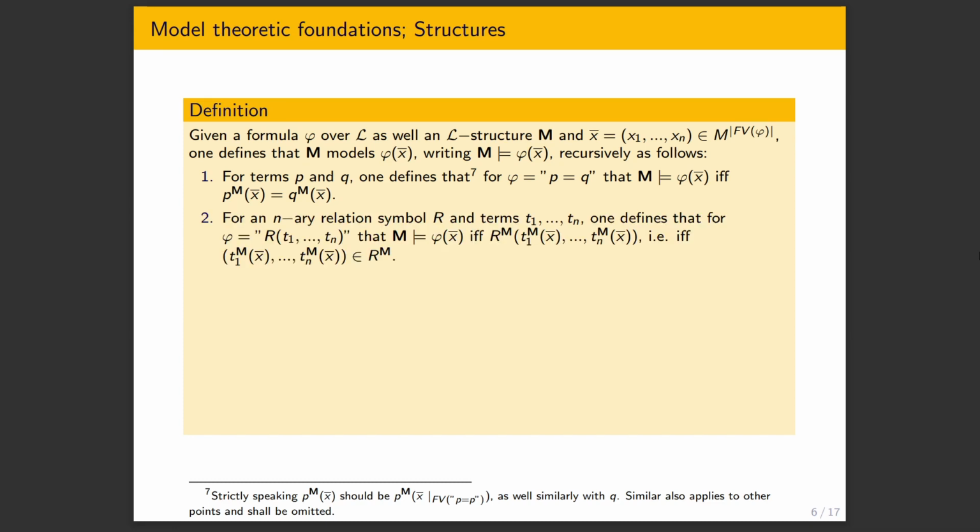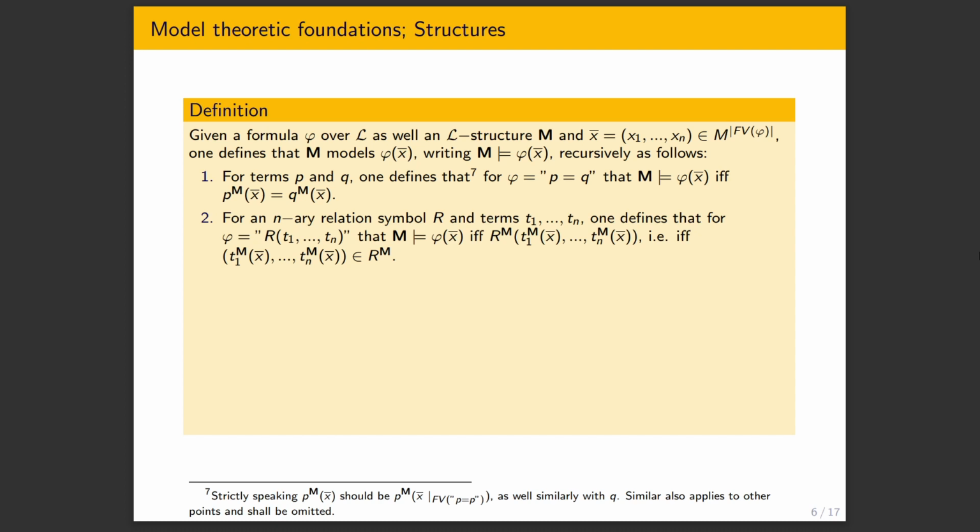Second of all, if you have an n-ary relation symbol R and n terms, we say that the structure models this formula evaluated at some x if and only if the interpreted relation applies to the interpreted terms at x.